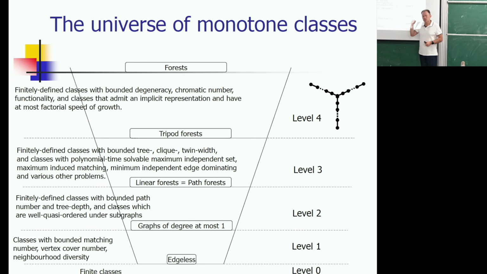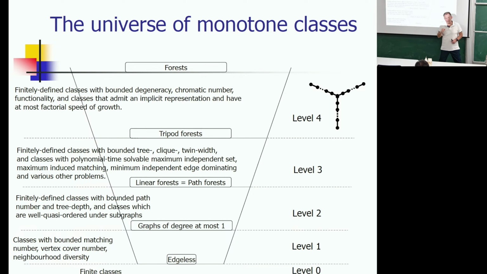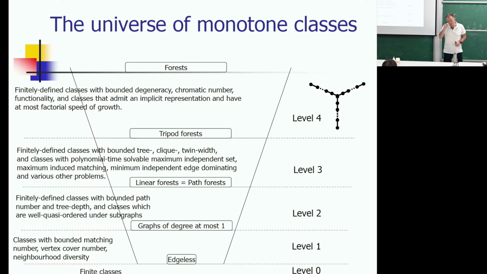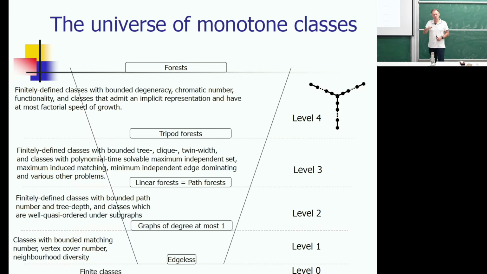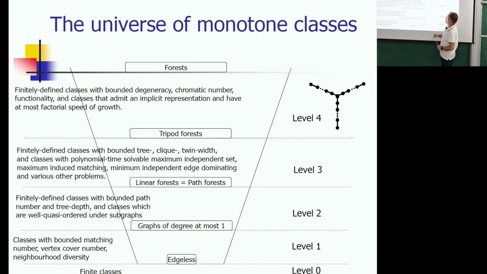We know that the Hamiltonian cycle problem can be solved in polynomial time on graphs of bounded tree width. So it should be maybe somewhere here. But on the other hand, there are monotone classes of unbounded tree width, and we will see an example in a few minutes where the Hamiltonian cycle problem still admits a polynomial time solution. So it should be strictly above this line.